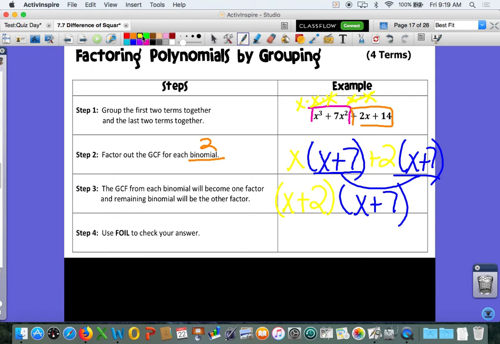We use FOIL to check our answer, so I'm going to multiply x times x squared, x times 7, 7x. I'm multiplying 2 times x, 2x, 2 times 7, 14. And we now have, whoops, I forgot to put my x squared right here. So sorry about that, guys. My bad. And that would make this the third and this squared.